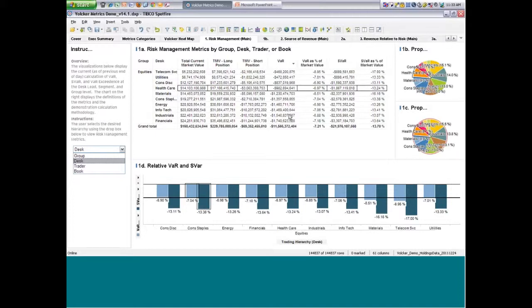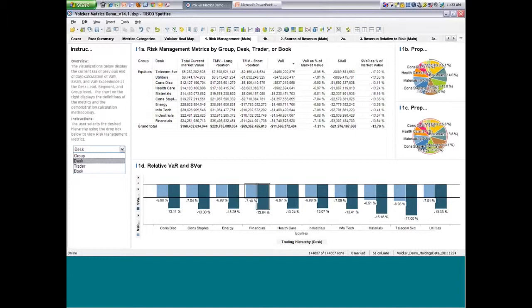And then down at the bottom, we're able to start to look at relative VAR and stressed VAR across these different organizations, across these different desks. But again, we're still just seeing information from a relativity perspective, but we haven't yet thought about what this is going to mean in terms of setting thresholds.